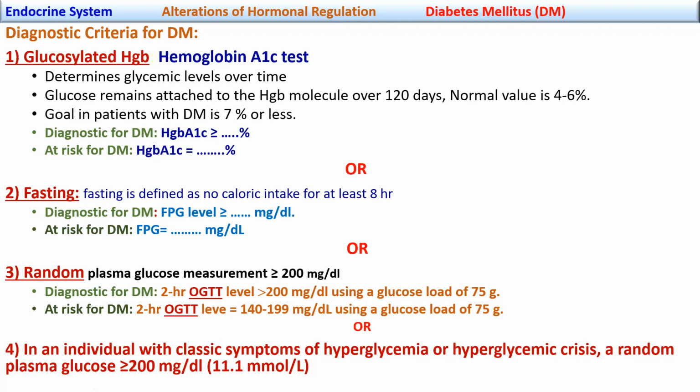The patient would take 75 grams of glucose in the form of a tablet, and 2 hours later when we measure the glucose level in the blood, if it's higher than 200, that's diagnostic, and when it's 140 up to 199, the patient is at risk for diabetes.